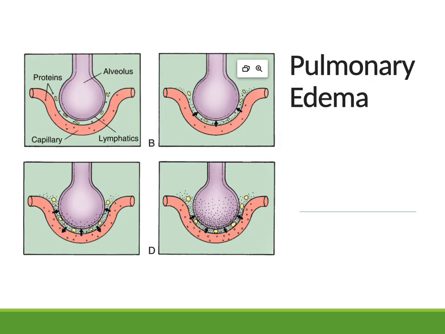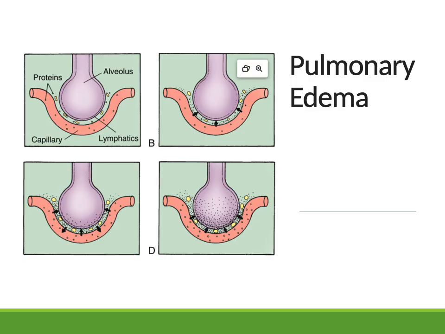So development of pulmonary edema is seen in heart failure patients, especially left-sided heart failure. As pulmonary disease progresses from the heart failure, there is a decrease in the oxygen and CO2 exchange. And this picture kind of depicts that. You see in the first picture, this is a normal process: proteins help keep the blood in the capillary beds so that fluid does not leak, maintaining that hydrostatic pressure so fluids don't leak into the pulmonary vasculature.